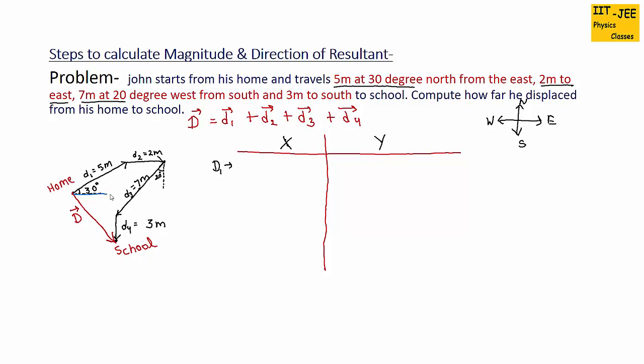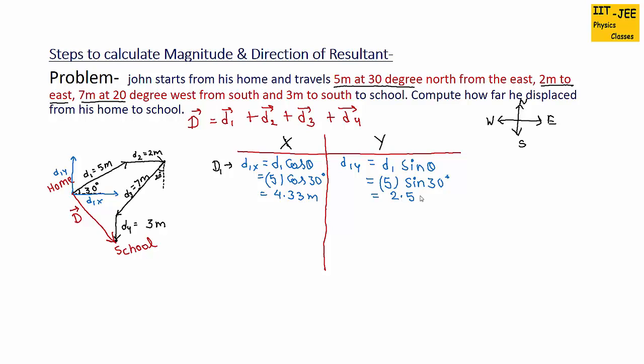So for D1, this is the X component, D1X, and this one would be the Y component, D1Y. D1X would equal D1 cos theta, and D1Y equals D1 sin theta. Just plug in values. D1 equals 5 and theta equals 30°. 5 sin 30°. So this will give us 4.33 meters, and this will give us 2.5 meters.